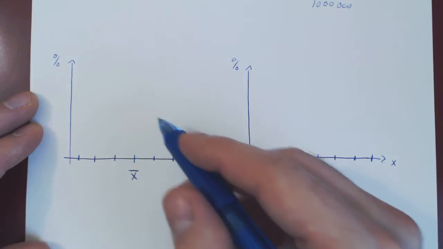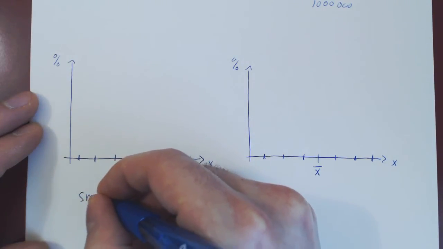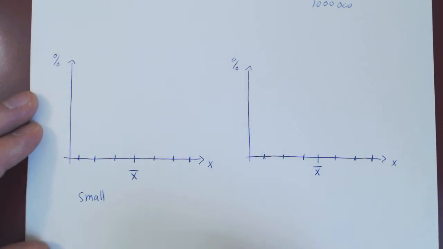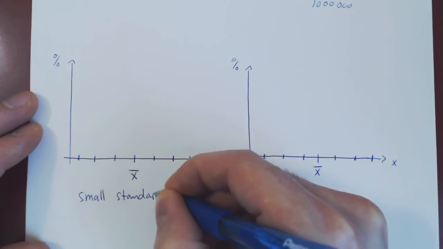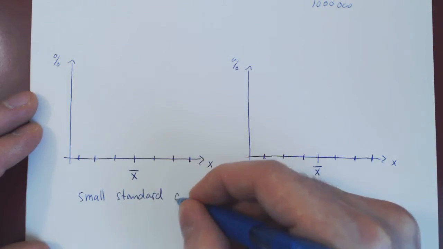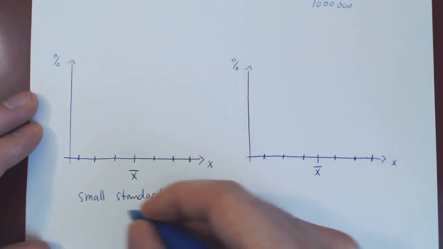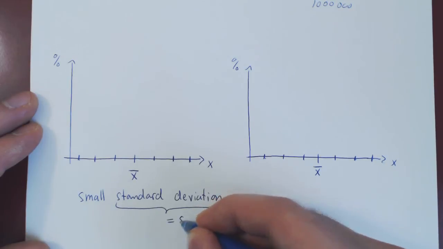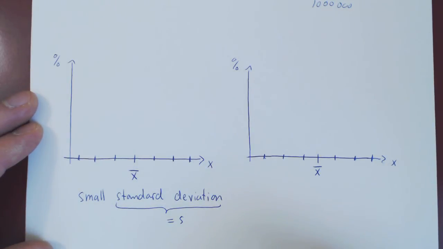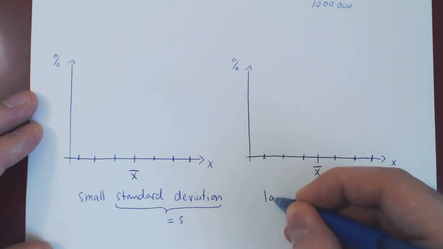Suppose I say to you, construct a histogram here with a small standard deviation. And of course the letter for the standard deviation is simply S. And here we'll ask for a histogram with a large standard deviation.